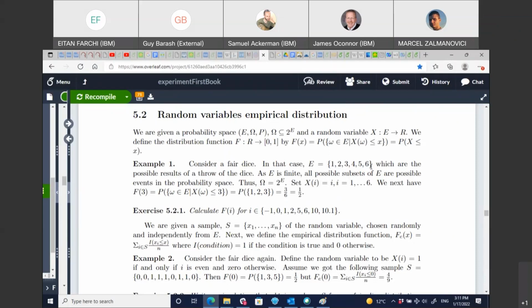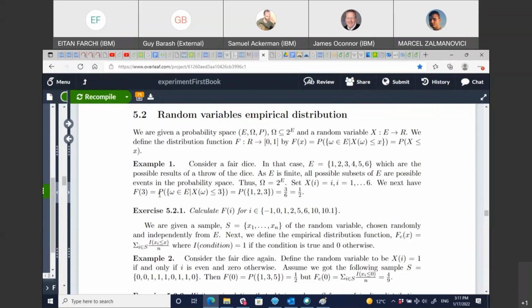So, for instance, I could have here the random variable to be just the identity function. So for getting side number 1, I'm going to say I got 1.